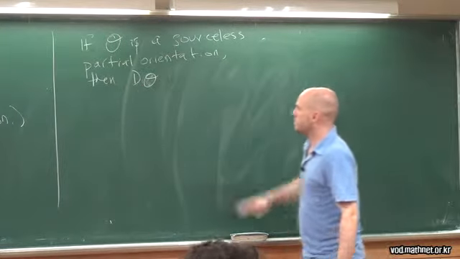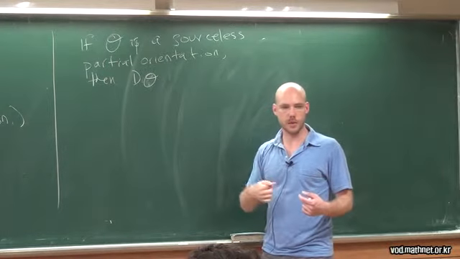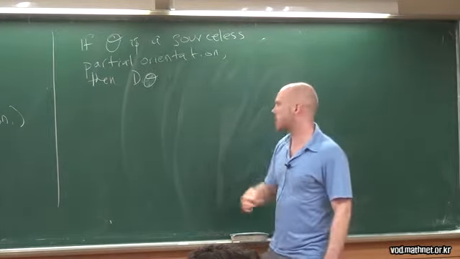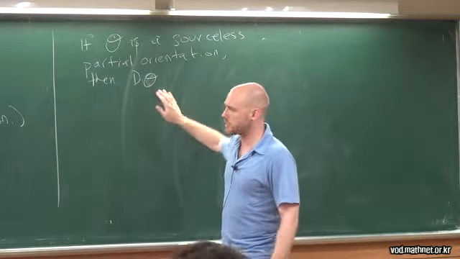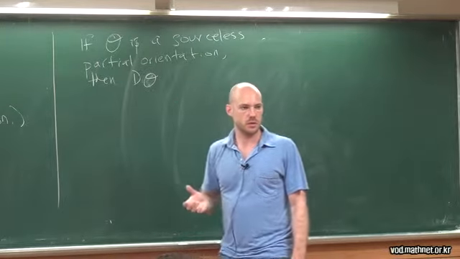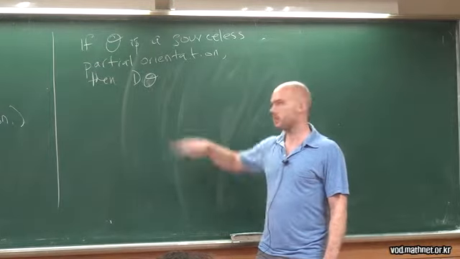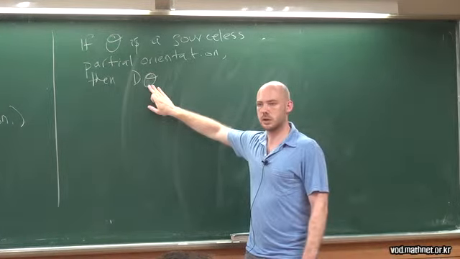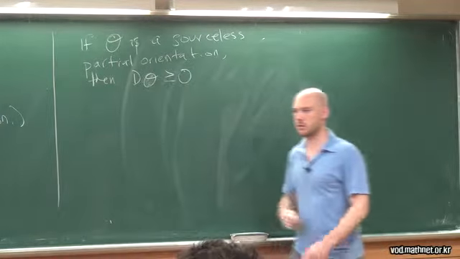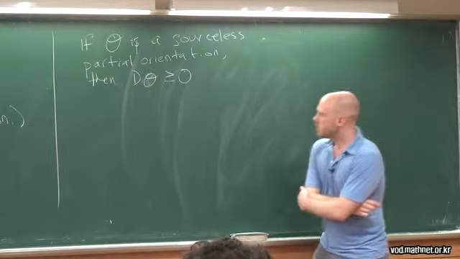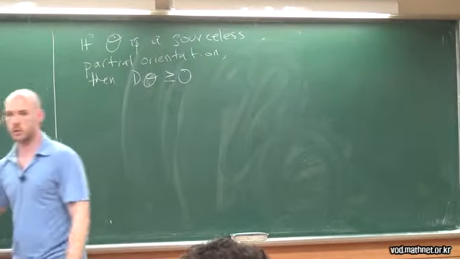If you have a sourceless partial orientation, meaning that every vertex has at least one incoming edge, then what can you say about the associated chip configuration or divisor? Remember, the map is just in degree minus 1. So if it's sourceless, every vertex has at least one incoming edge, and that's precisely saying that this divisor is non-negative. So if we're in case 1, there is a way of winning the game.